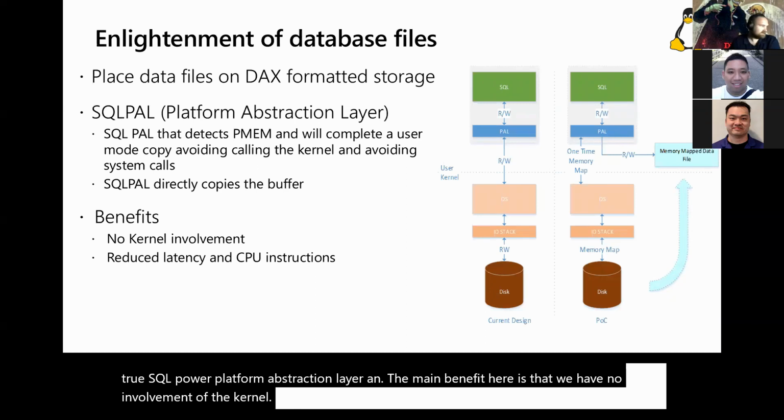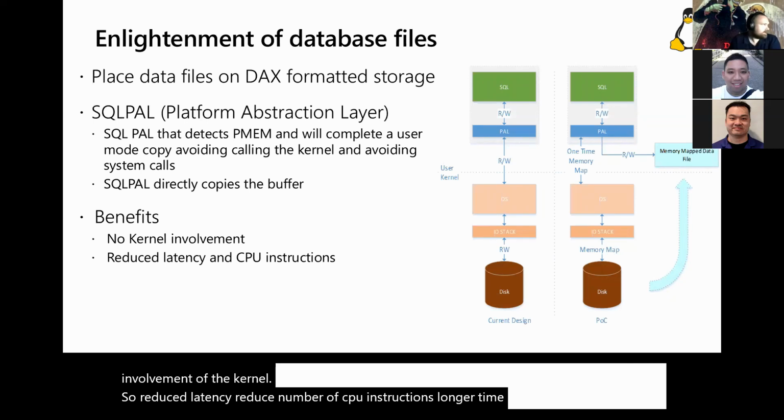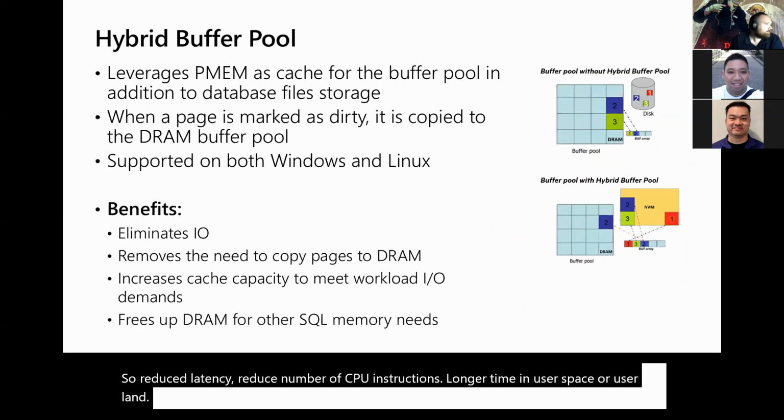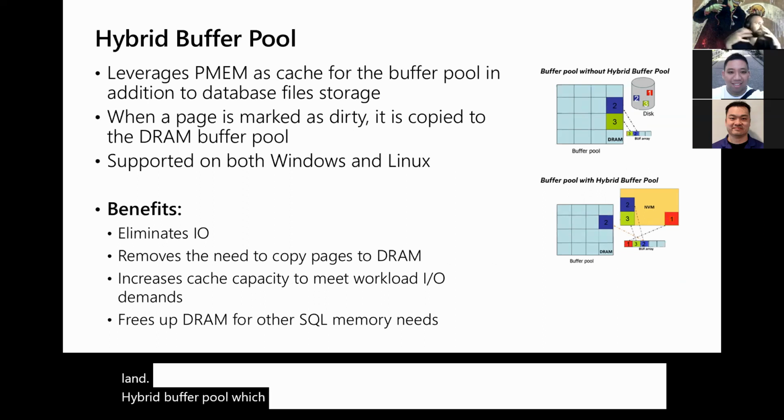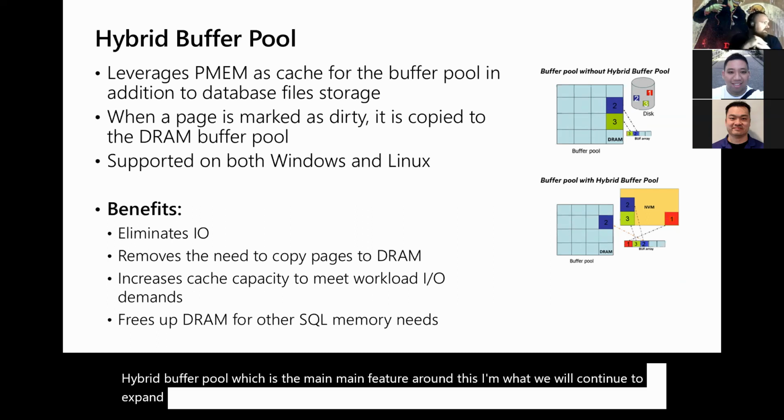So reduced latency, reduced number of CPU instructions, longer time in user space or user land. Then there's our hybrid buffer pool, which is the main feature around this, and what we will continue to expand over the coming releases.